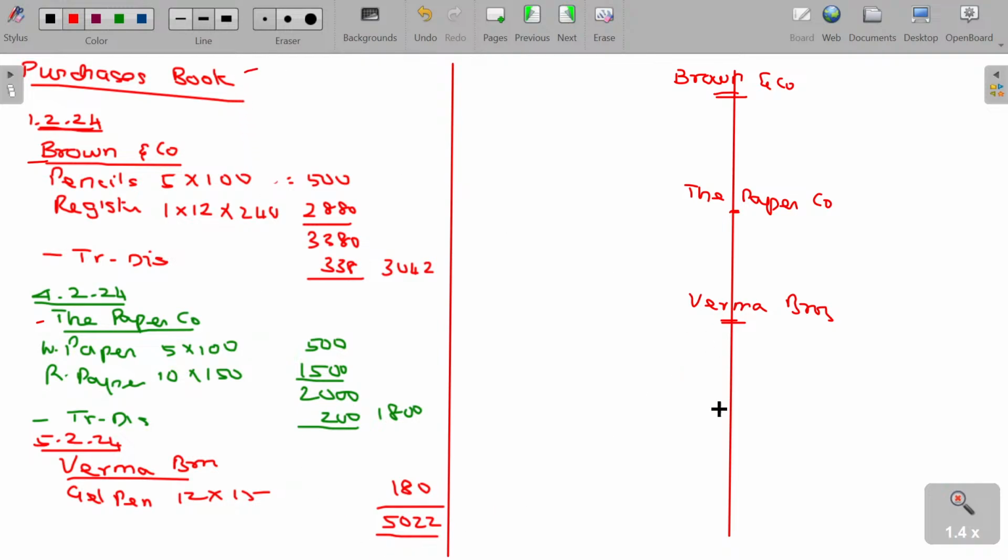Collectively, purchases, that is called purchases account. So Brown and Co., Verma Brothers, and purchases account. Clear?